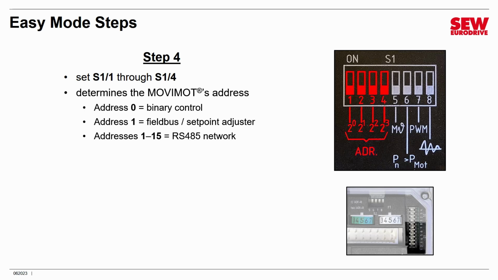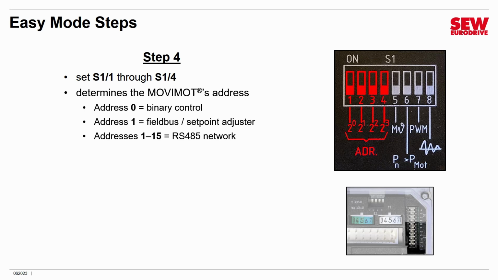Typically on an RS-485 network, every single MOVIMOT would have its own unique address. Again, of course, that's going to depend on your application, what you're doing with it. So those are the different address possibilities that are available, so you'll need to pick one that fits your application and your mode, and then set it accordingly.